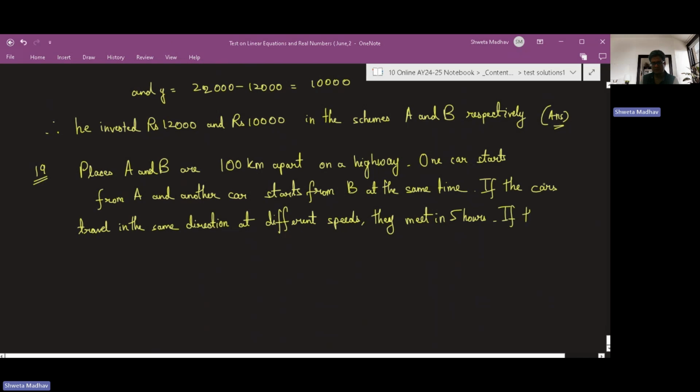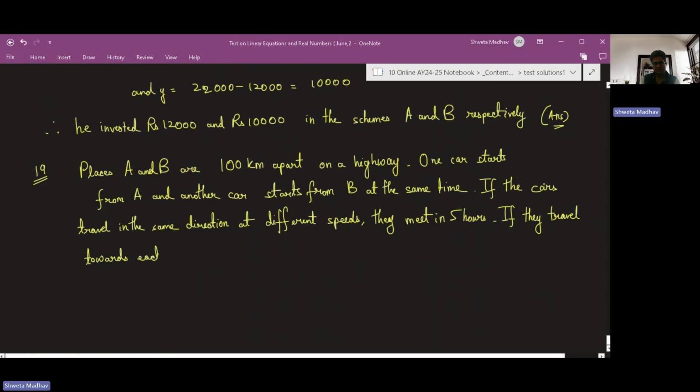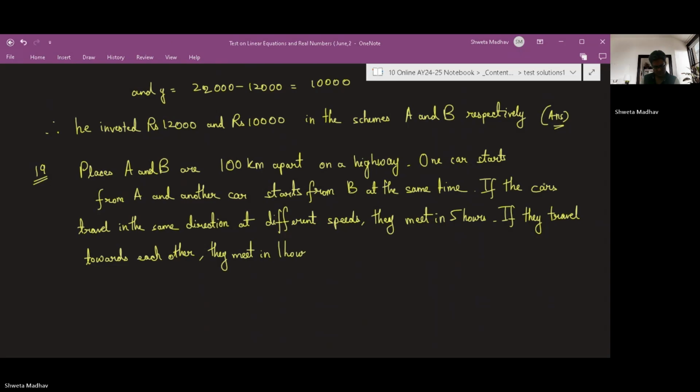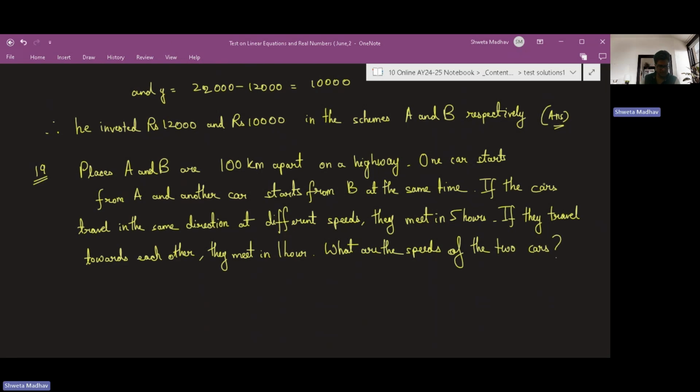Then if they travel towards each other, they meet in 1 hour. Then what are the speeds of the two cars?